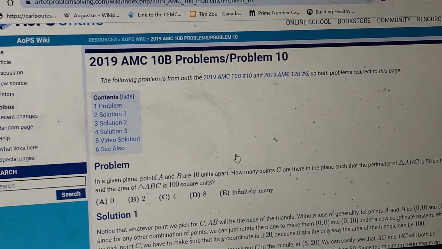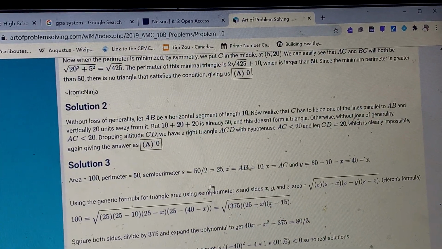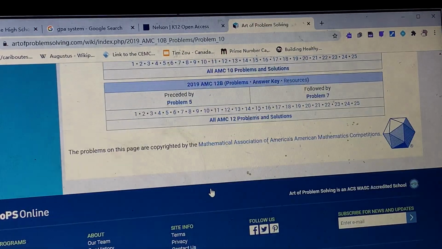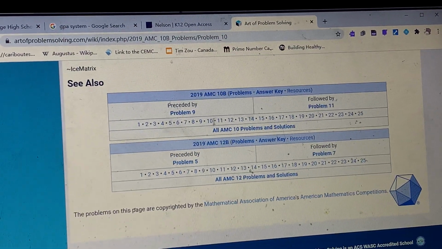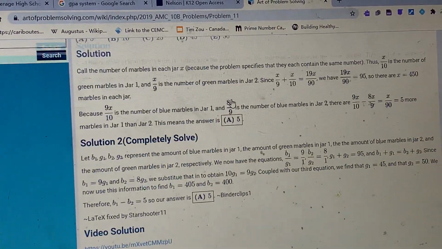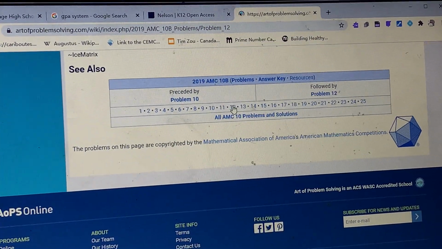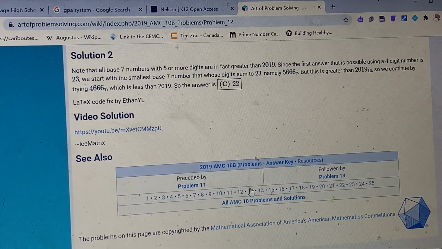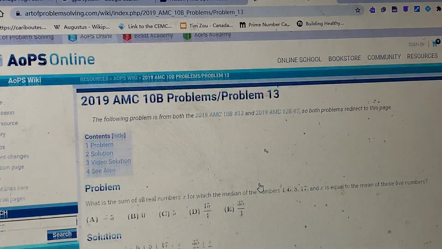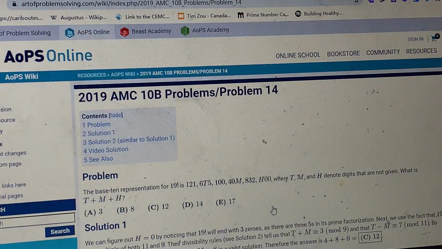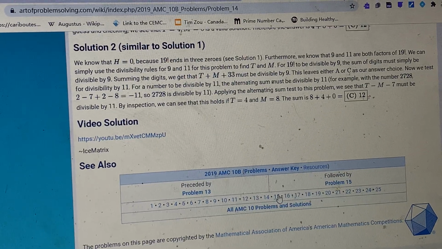No, I haven't figured out this problem. I'm choosing between 0 and 8, but I haven't got a solution, so it counts as not answering. 11, I am right. 12, I am right. 13, I am right. 14, no, I haven't answered this.